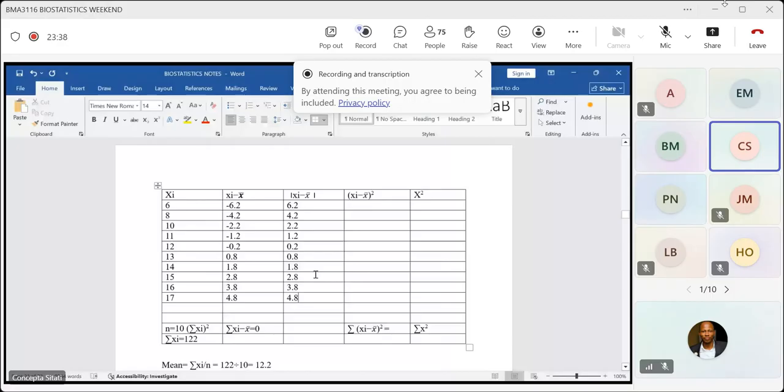So we want to find the summation of our absolute data.